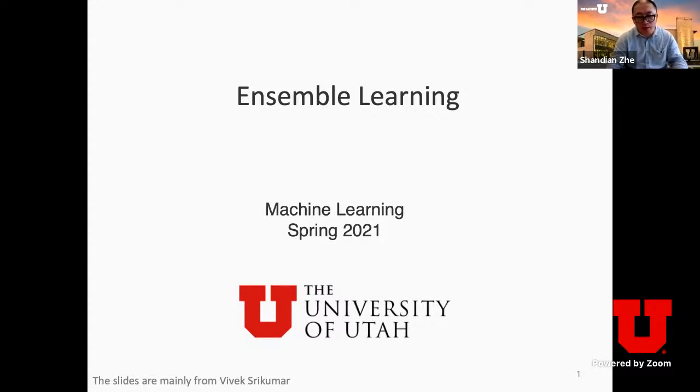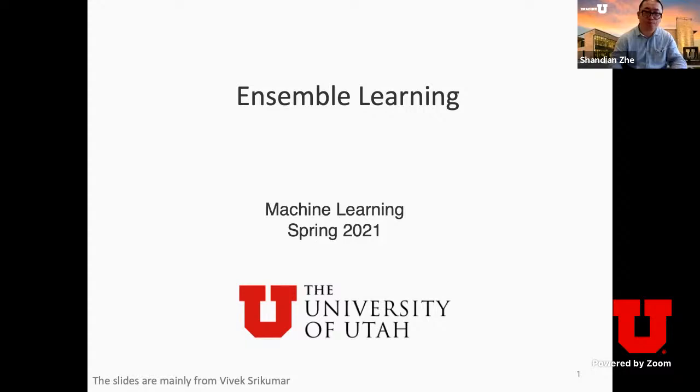So historically, the proposal of boosting algorithm is an answer to a theoretical question in PAC learning. So this is the seminal work, the paper published by Robert Schapire in 1989. The first time to talk about the strength of weak learnability.